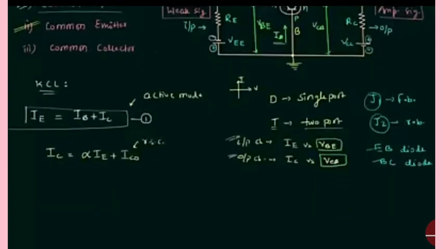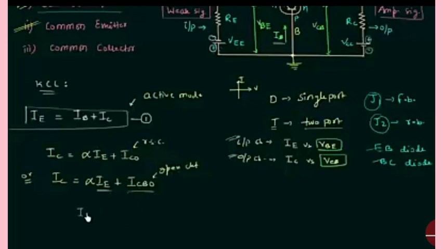For the common base configuration, I will add B in the representation, so IC is equal to alpha times IE plus ICBO, where this B stands for common base configuration. This O stands for open circuit, because we measure this current when the emitter terminal is open.